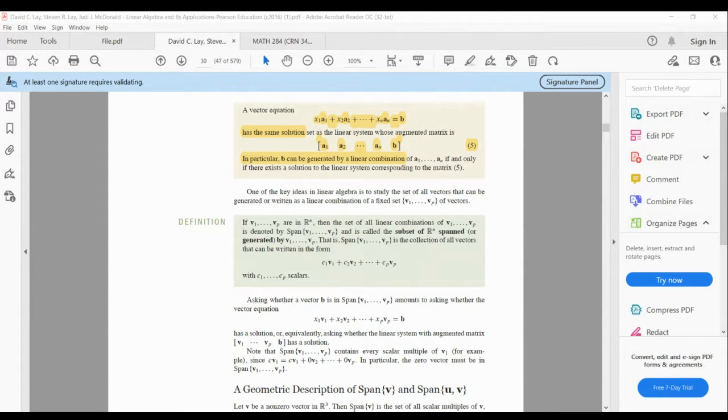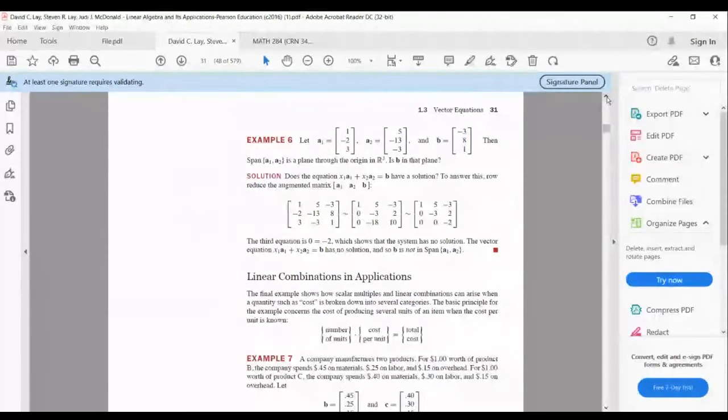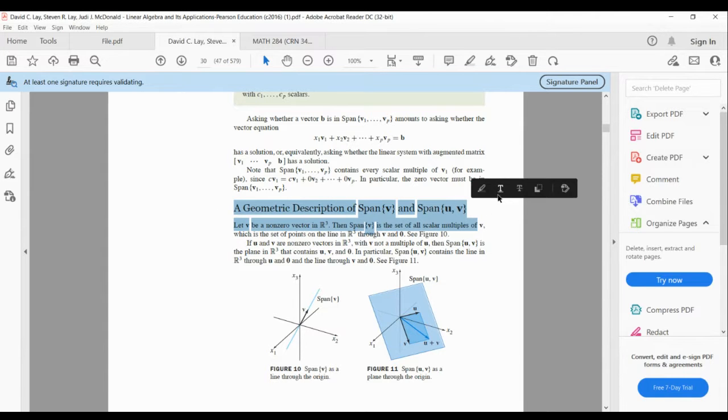That's what we did. There was an example I wanted to find, oh yeah, here, this is important. This is about a geometric description of the span of a vector v and the span of two vectors u and v. This is figure 10.